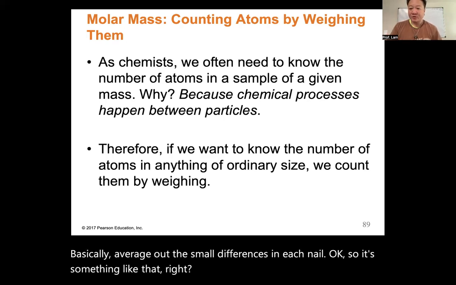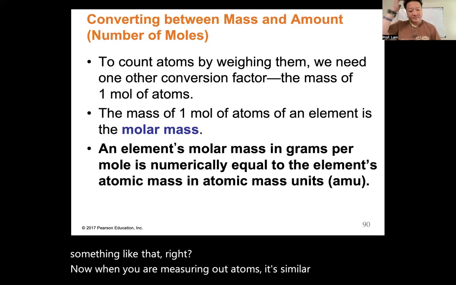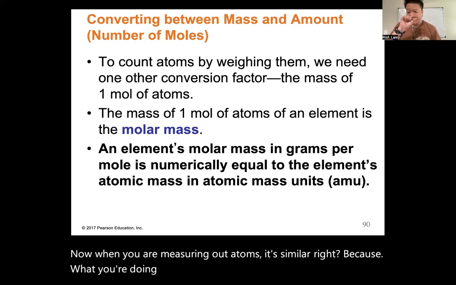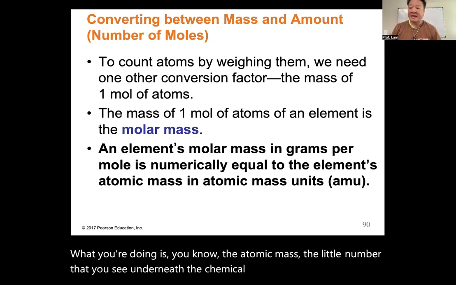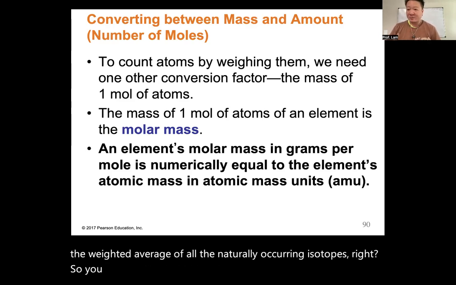Now, when you are measuring out atoms, it's similar, right? The atomic mass, the little number that you see underneath the chemical symbol, remember, that was the weighted average of all the naturally occurring isotopes, right? So, in a way, that's what you're doing.